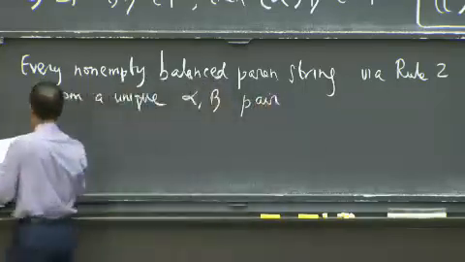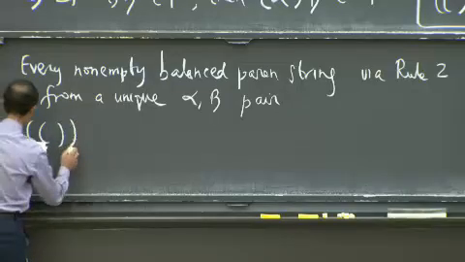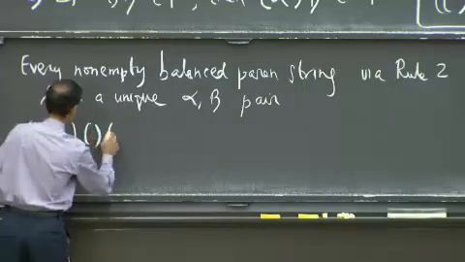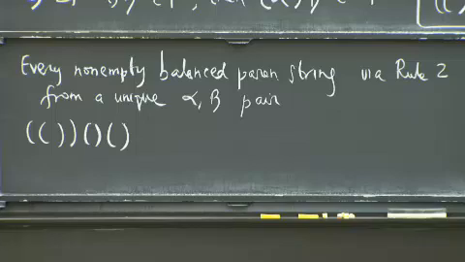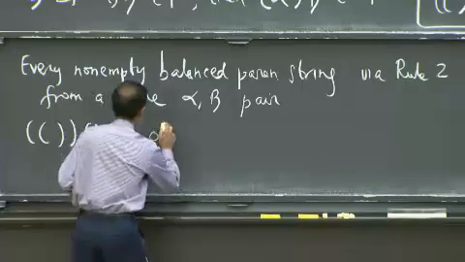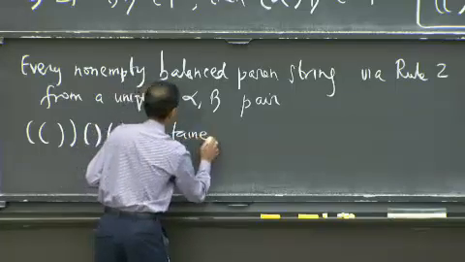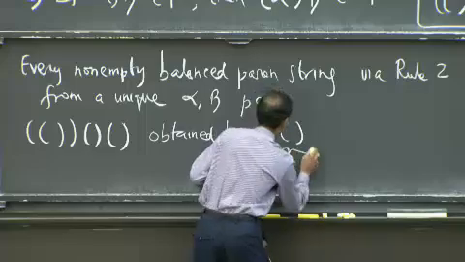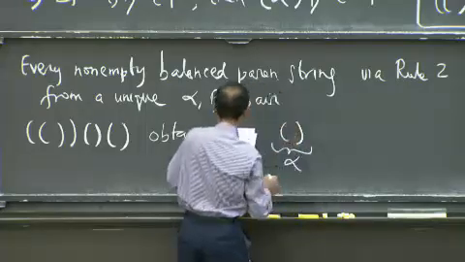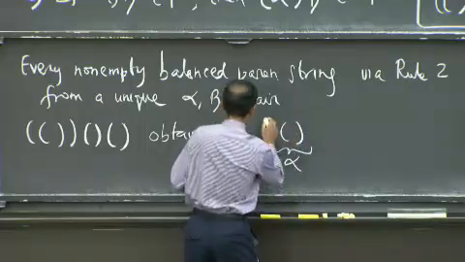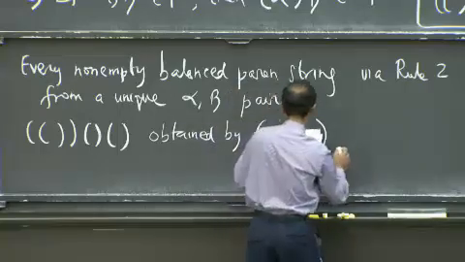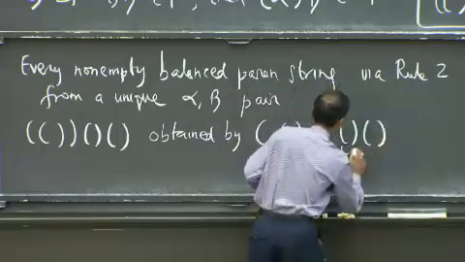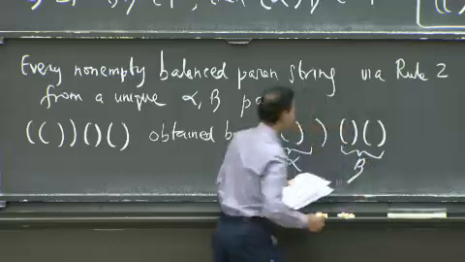So as an example, suppose you want to generate the string that looks like this. So that's a little more complicated than the strings we've looked at so far. Then you obtain that by having alpha be this simple string, and then you put the brackets around that, and then your beta corresponds to this.